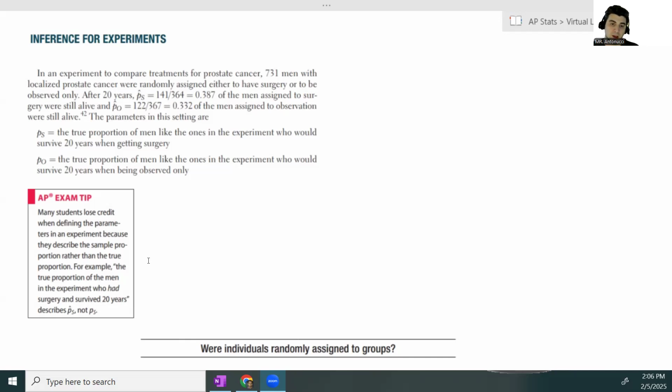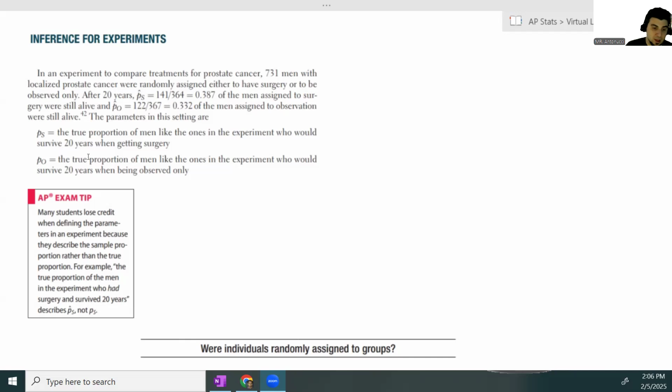After 20 years, p hat sub s is 141 over 346, or 0.387, of the men assigned to surgery who were still alive. And p hat sub o equals 122 over 367, which is 0.332, of men assigned to observation who were still alive. So we've defined the parameters in this situation.